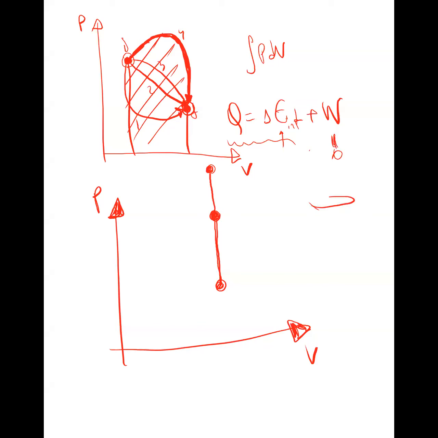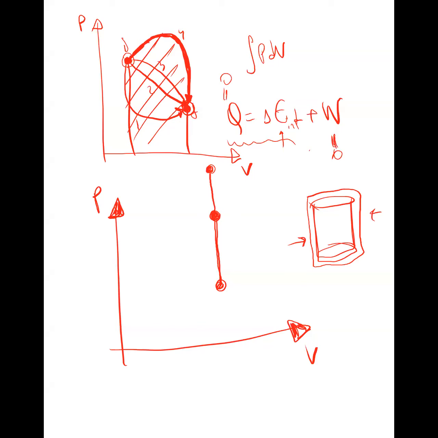If I have a system, again, let's say a gas in a cylinder that's insulated from outside so that there is no heat going in and out, then this Q will be 0.